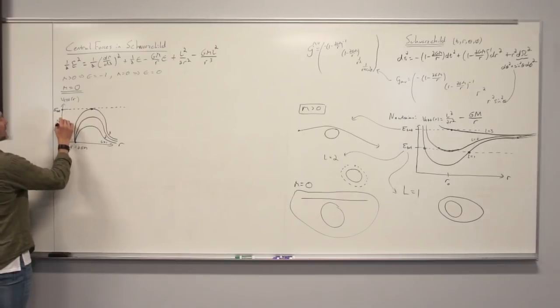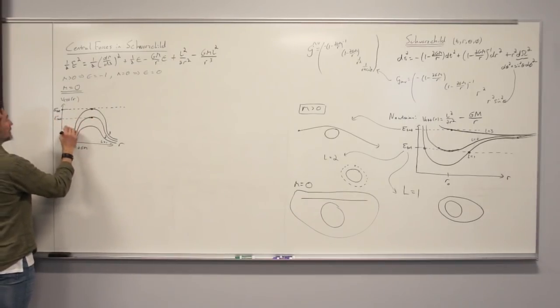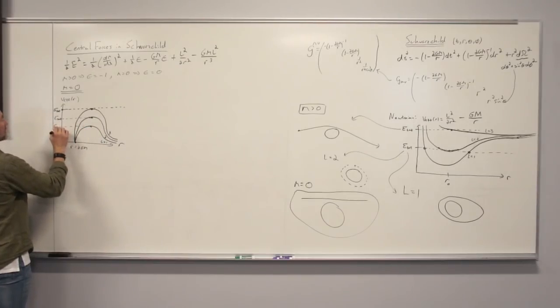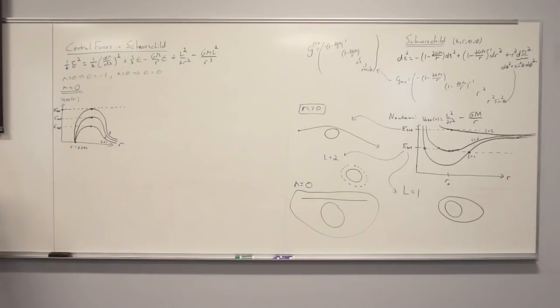In fact, for each of these angular momenta, if I give it just the right amount of energy, I get a circular orbit. Should those peaks necessarily be straight on top of each other? I don't remember actually. You can generate the curves and figure out whether they line up. Those are all unstable, right? They're all unstable. But they're orbits. Notice if I made exactly this circular orbit and I perturb it a little bit, it's going to roll down this potential curve.